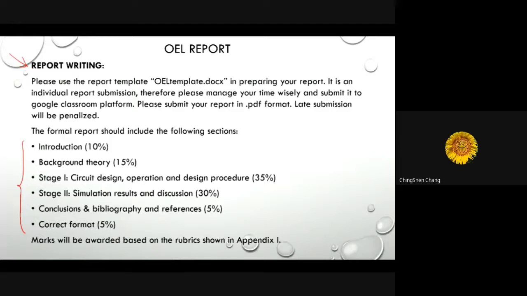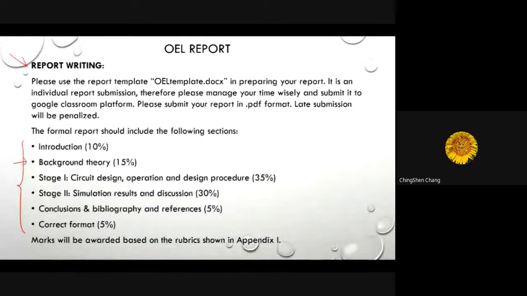Background theory does not need to be that detailed, as long as you explain the operation of the converter, the theoretical equations being used, and the design considerations in designing a DC to DC converter. Those can go into the background theory.